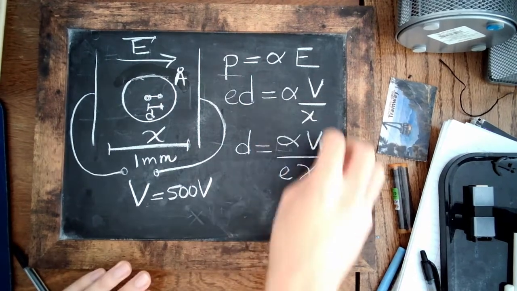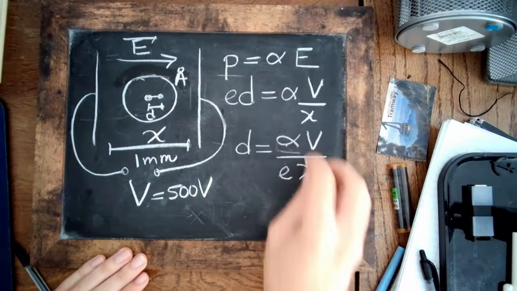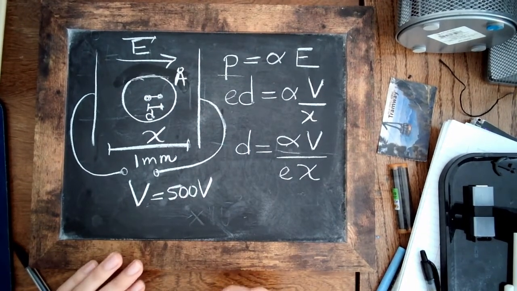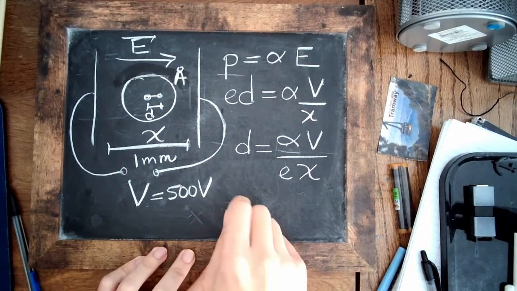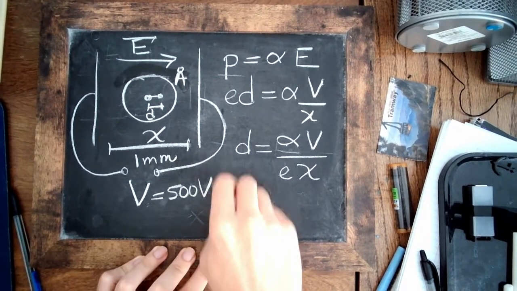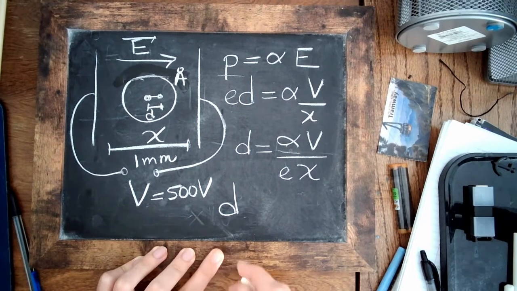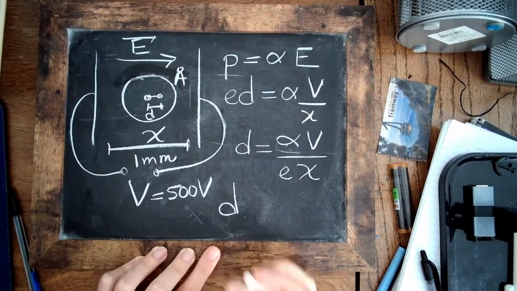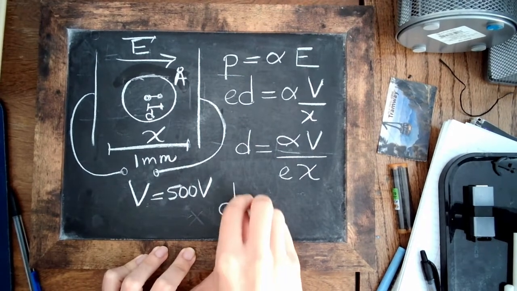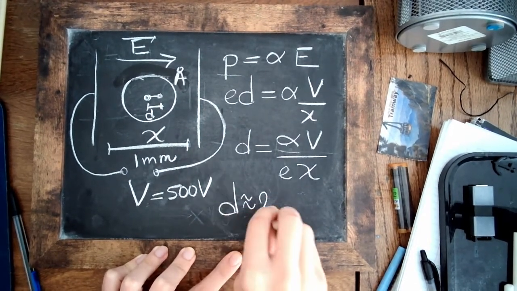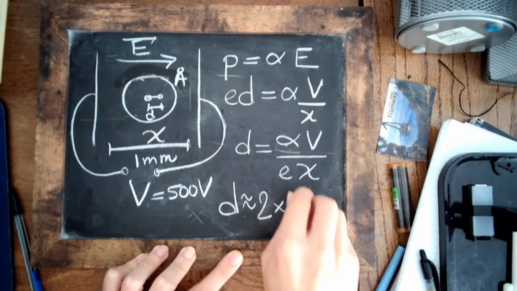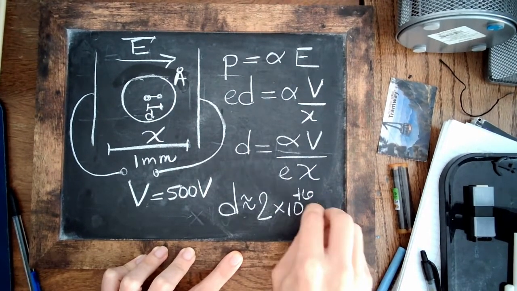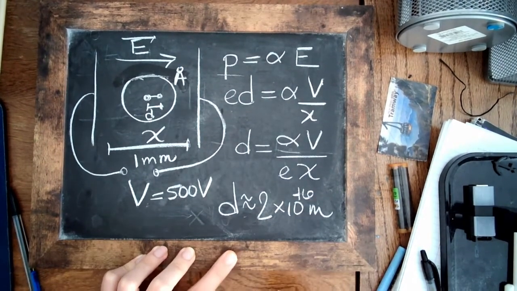So if we plug all those values in, given the alpha for the hydrogen atom we got from the previous page, the separation distance d between the nucleus and the center of the electron density is going to be about 2 times 10 to the minus 16 meters.